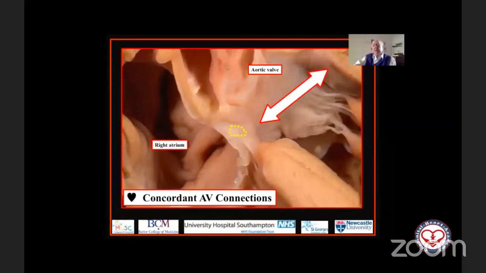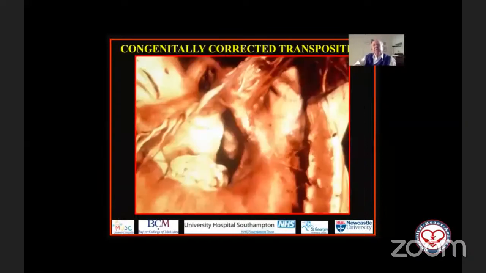There is the deep wedging of the aortic valve, but in the setting of concordant atrioventricular connections, this does not disturb the alignment between the atrial septum and the crest of the musculoventricular septum, so we have a regular conduction axis.